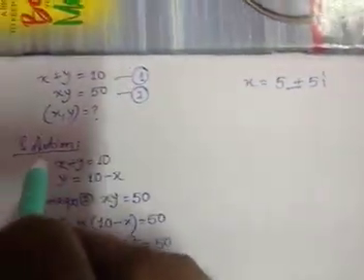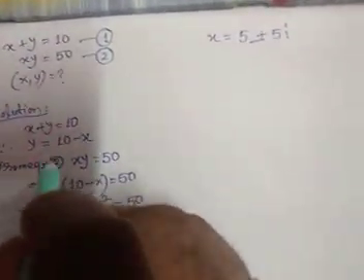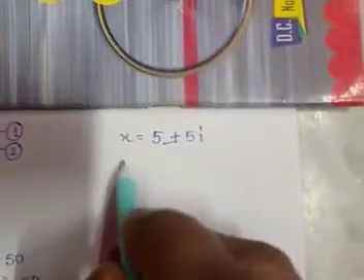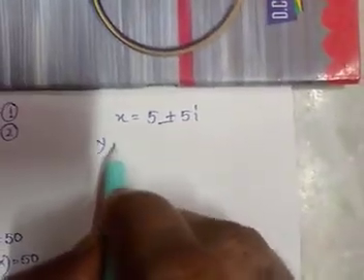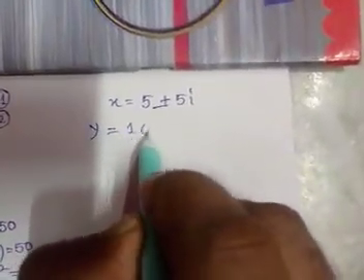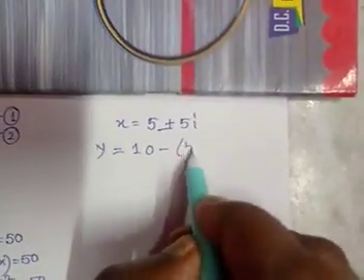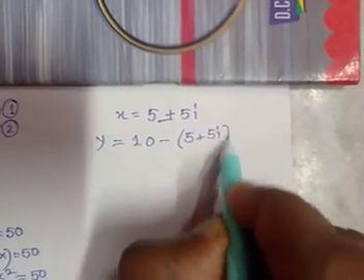So here y equal to 10 minus x. So we can get the value of y equal to 10 minus 5 plus 5i.